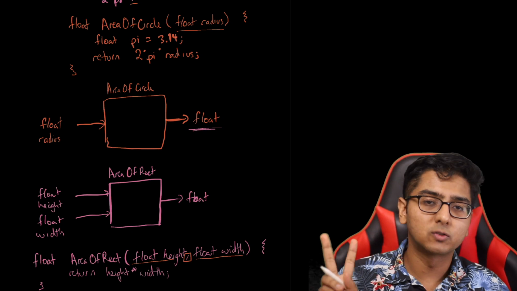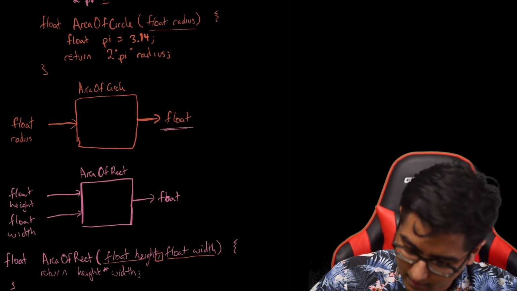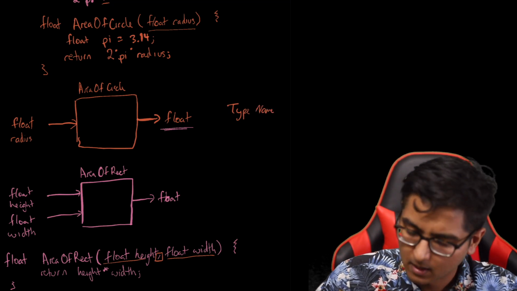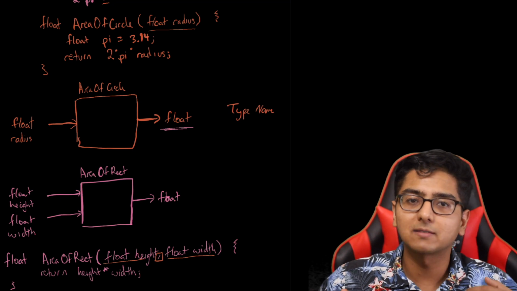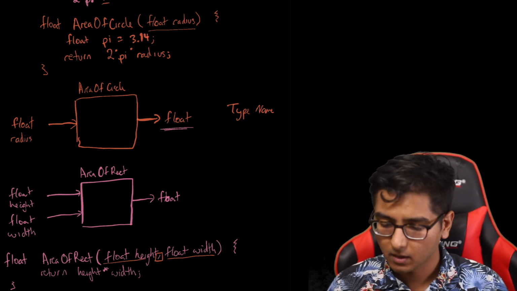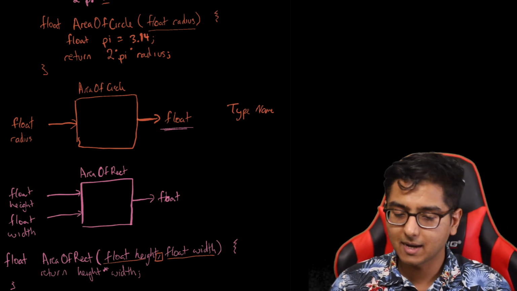Additionally, every input has two parts to it. Every input will always have a type and a name. Now notice, inputs don't have values because the values should be passed in by whatever is going to be using that function. So all input parameters have to have are types and names.